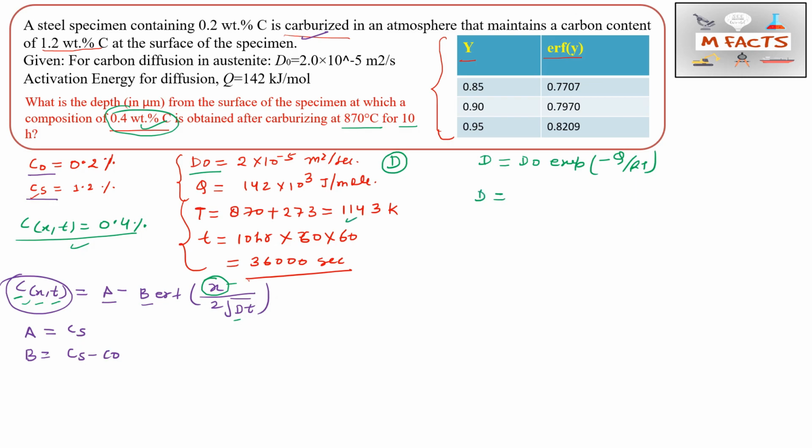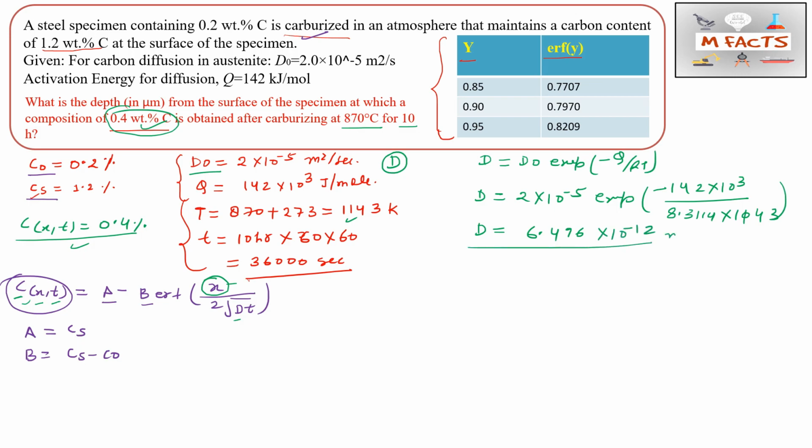D is equal to 2 multiplied by 10 power minus 5, exponential of minus Q, that is 142 into 10 power 3, divided by R, which is 8.314, multiplied by temperature, that is 1143. From here we get D equal to 6.496 into 10 to the power minus 12. This is the D value in meter square per second.